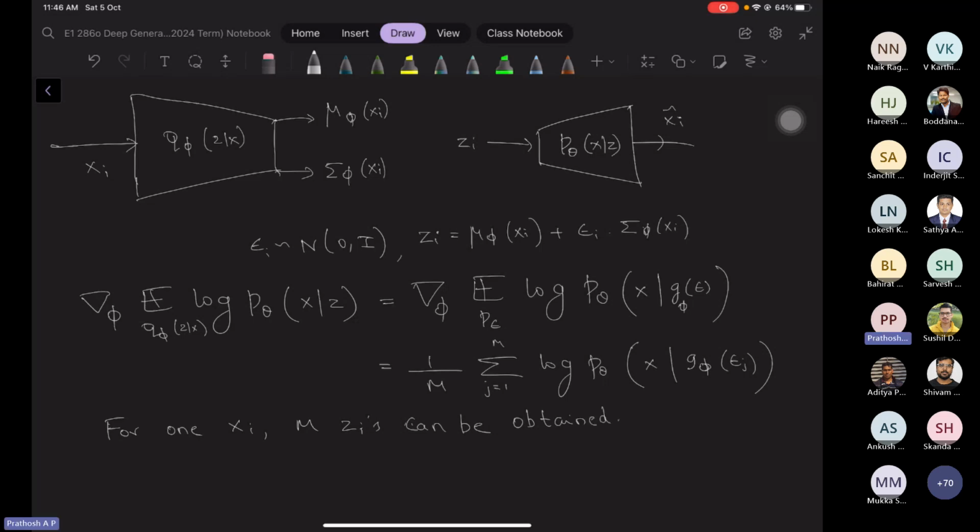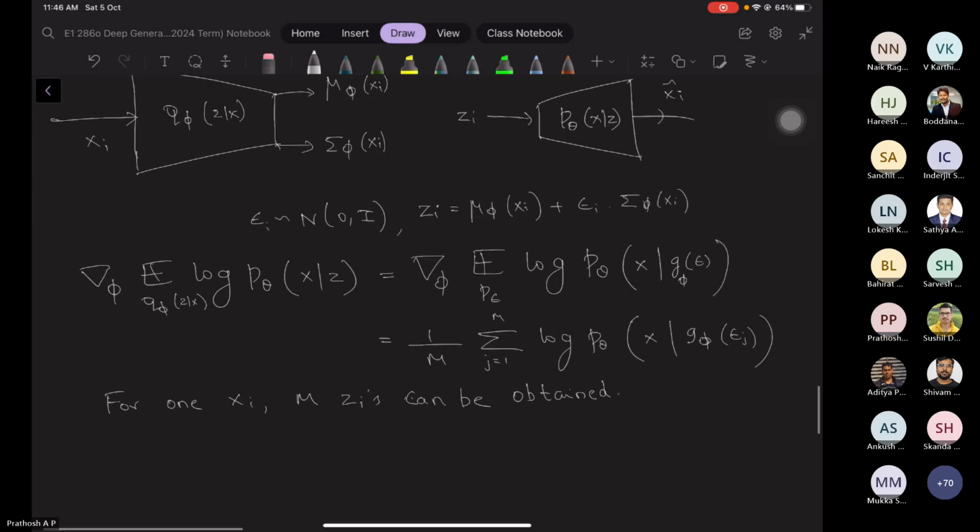Do you understand that? Because we are doing sampling outside of the encoder, we can sample multiple zi's for one xi. But typically, in implementing VAE, they keep capital M to be 1. That means they only do one sampling and send it across, so the sum will only be on one particular sample. Hope that it is okay.